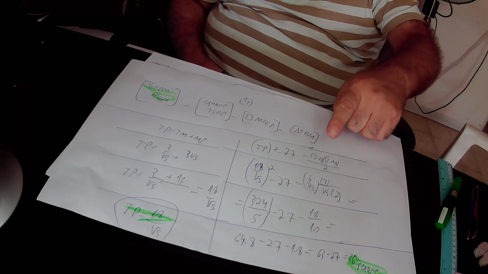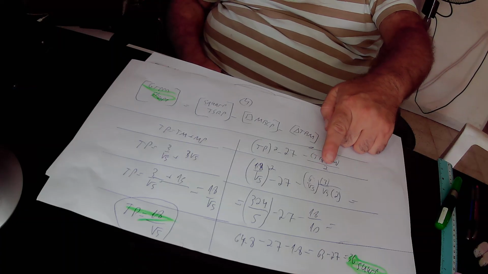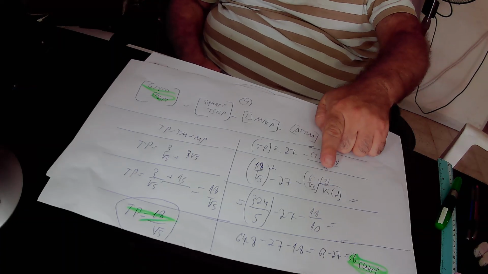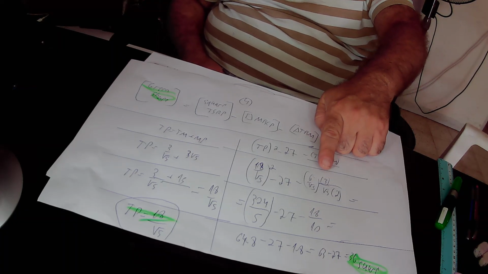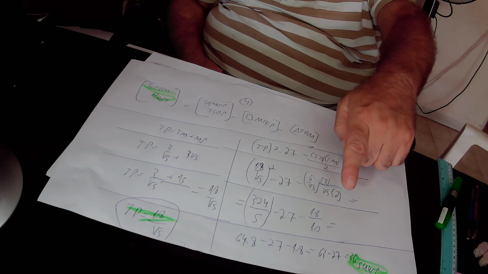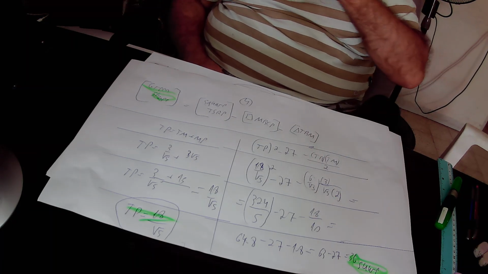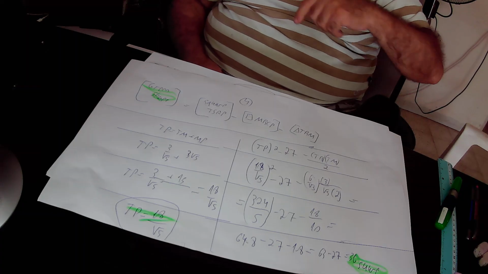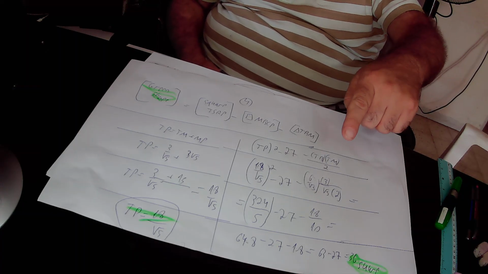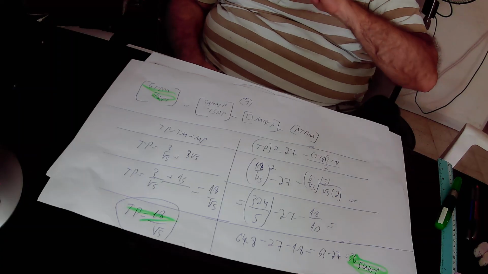Here we have 6 times 3 is 18, and square root of 5 times square root of 5 is 5, and 5 times 2 is 10. So in total, the area of the small right triangle TBM is equal to 18 over 10 square units in its size.